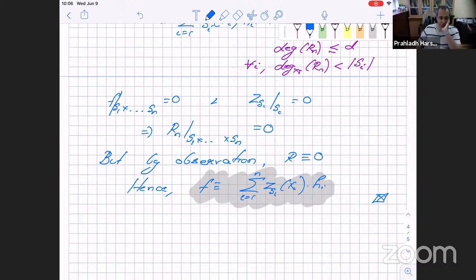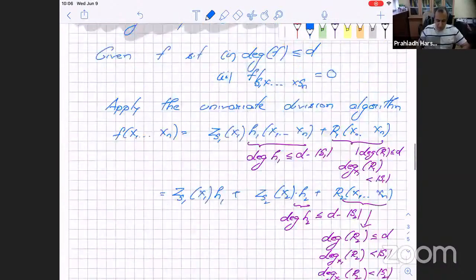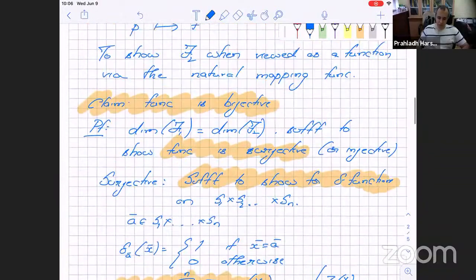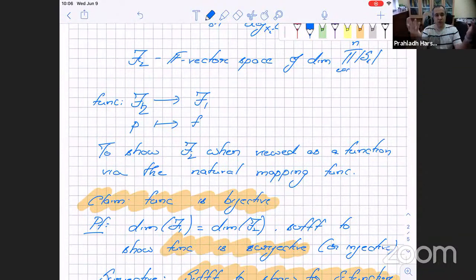There are two problems which I want to talk about, but I want to say this proof of F1 being equal to F2 is actually a very interesting proof. What was F1? F1 was the space of functions on a particular class. F2 was the space of polynomials, some related polynomials.